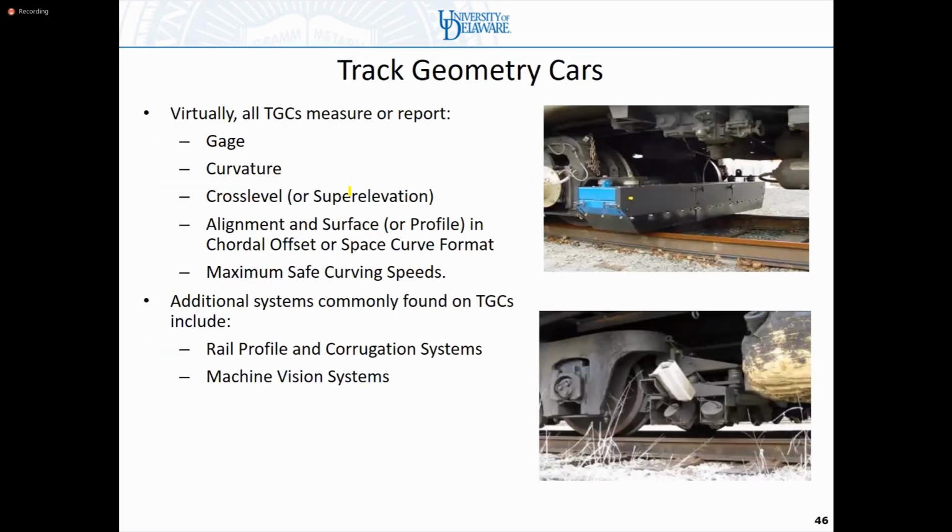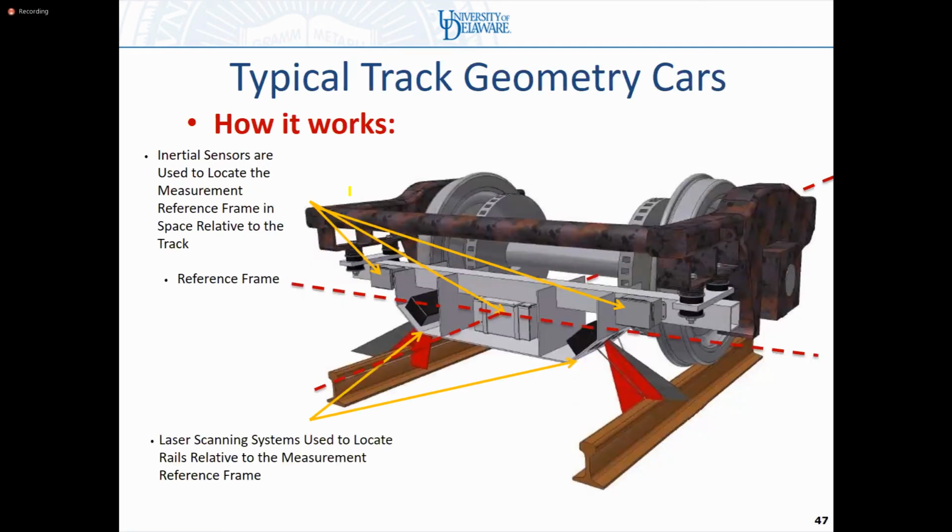It measures all the parameters that we want, but in the interest of time, I'm zipping forward. How does it work? It uses inertial sensors to generate a space curve, and then it uses lasers. The inertial sensors are usually located on the bogie.